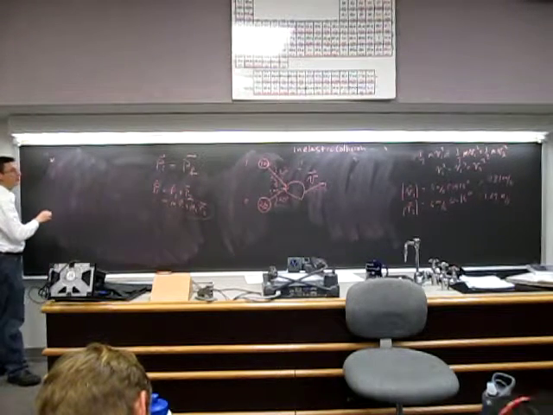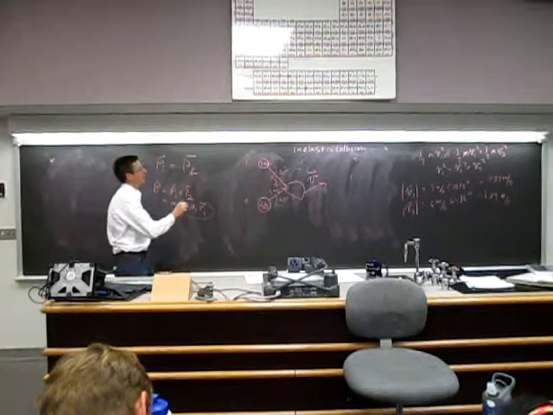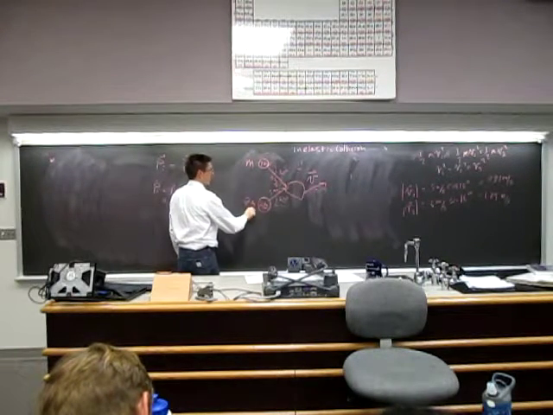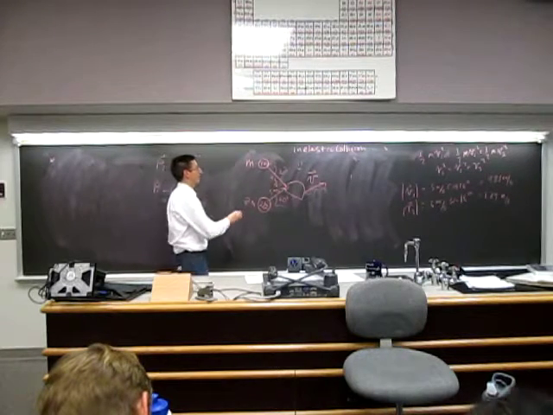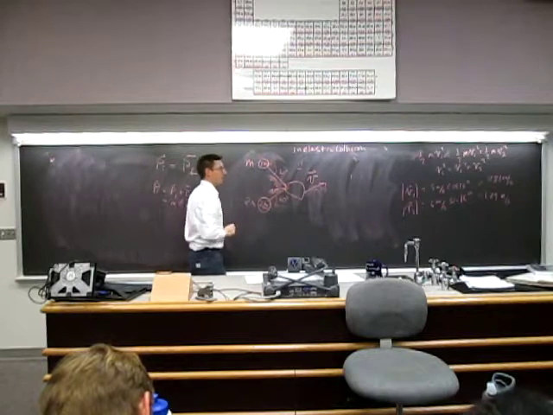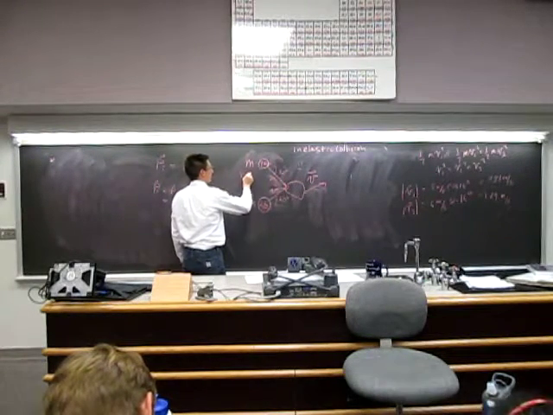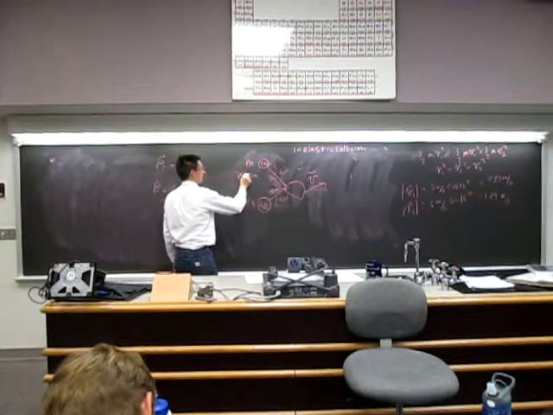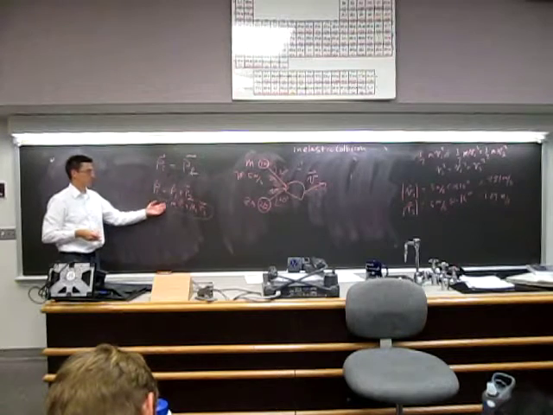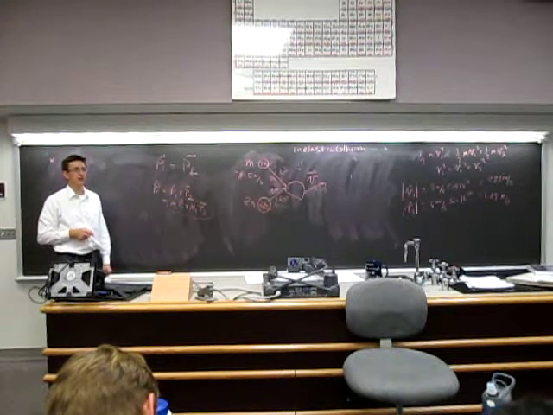I'm going to simplify my life a little bit. I'm going to call this mass m, and this has mass 2m. I'm just going to call the magnitude of these velocities v, so V is 5 meters per second. And I'm going to do this algebraically so I'm less likely to mess up.